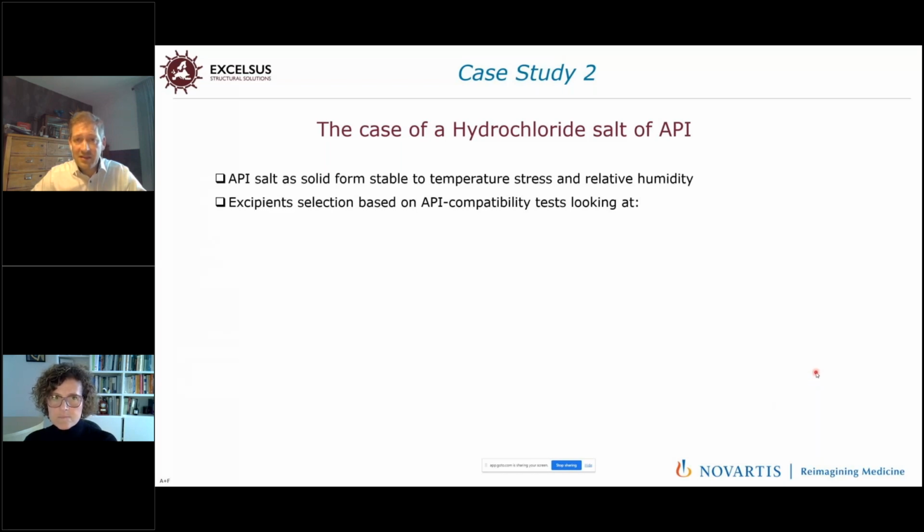So fair enough, we are able to produce some hydrochloride salt, but on the other hand, we understood that the strength of these ionic bonds was relatively weak. And then we were certainly looking with a lot of curiosity and trying to understand as best as we can what the potential interaction with the excipients was.